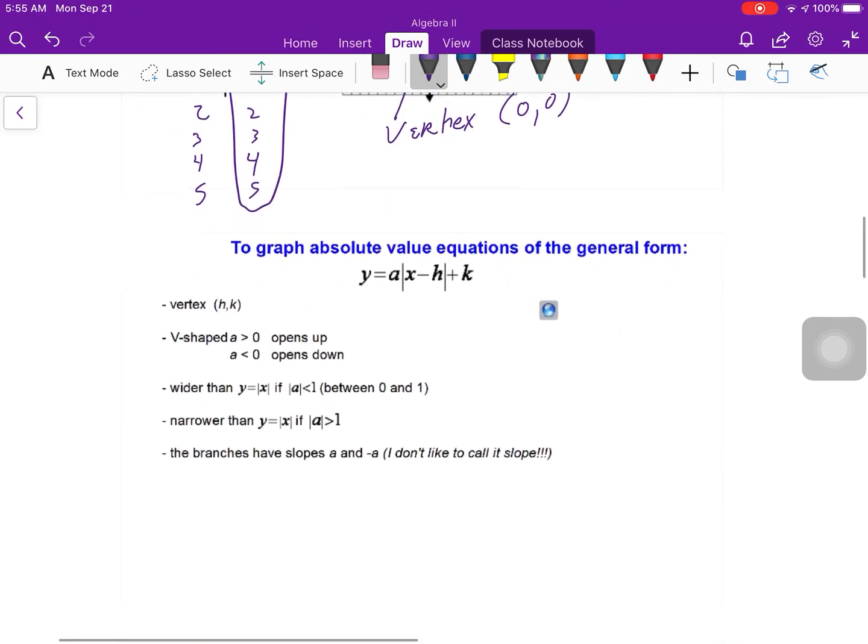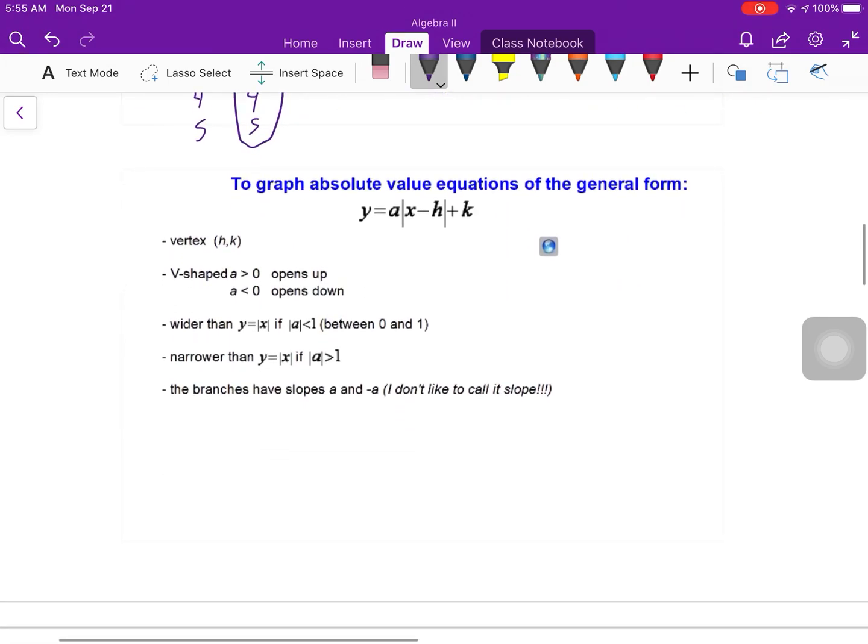Okay, here's the standard form or the general form of an absolute value function. A is the value on the outside of the absolute value. It's going to tell us a lot. I'm going to skip to the vertex for a second. But A, if it's bigger than 0, it opens up, so I get a V that goes like this. If A is less than 0, so a negative number, it opens down. It's a reflection if you remember geometry.